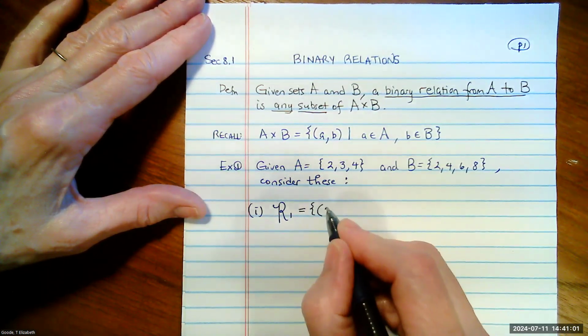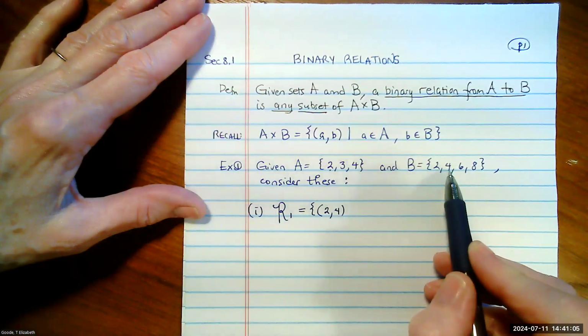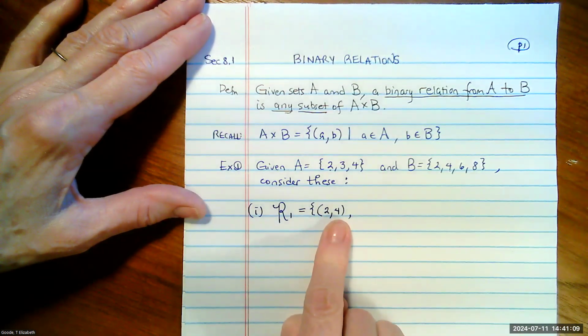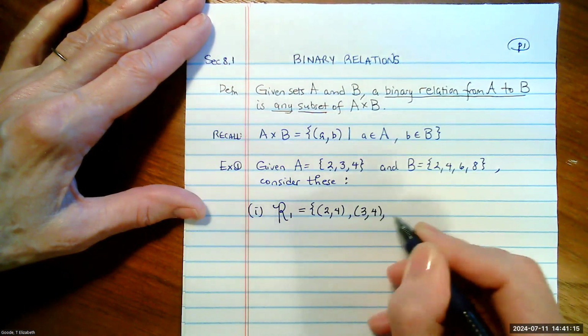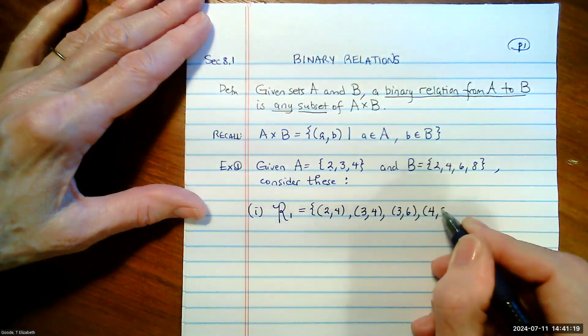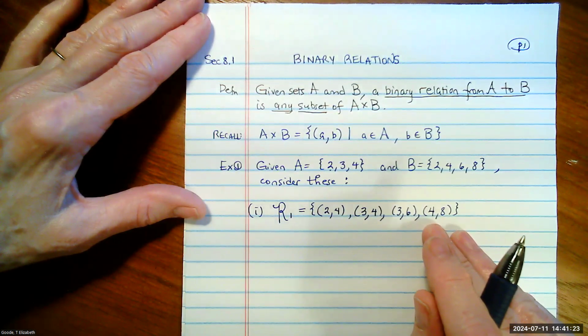For example, 2, 4. The 2 coming from A, the 4 coming from B. That's an element of A cross B, so it can be an element of any binary relation from A to B. Or we could say 3, 4, 3, 6, and 4, 8.